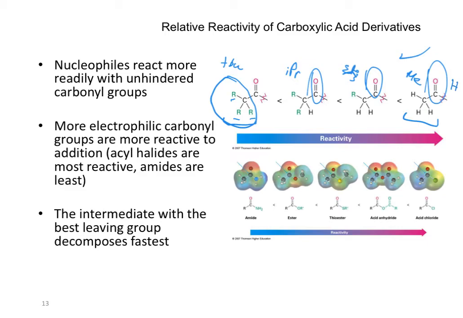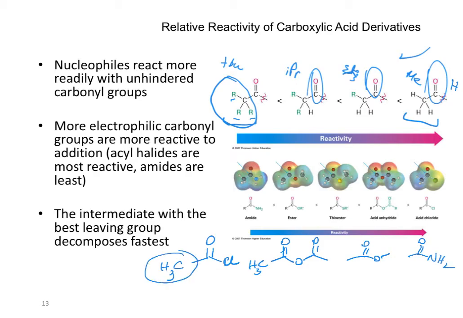But sometimes that C double bond O could be controlled by the electronics as well. For example, if you had that C double bond O connected to a Cl, a CH3, an anhydride, an ester, or an amide, all of these have the same R group; all of them are methyls.